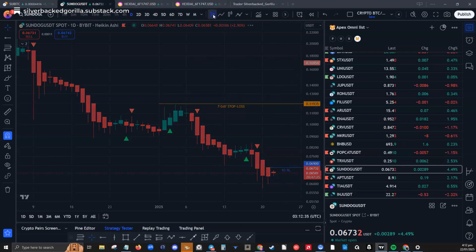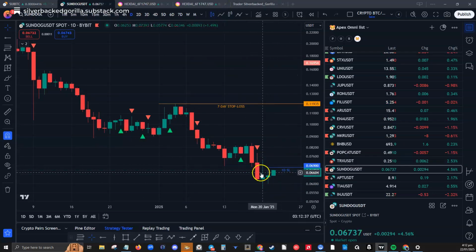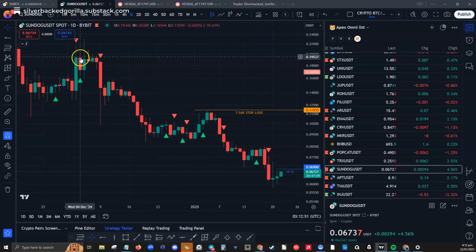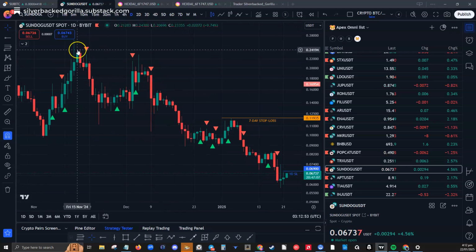Let's have a look at the daily candles. Bearish. Neutral. Bullish. Very close to the stop loss. You got lower lows. Lower low, lower low, lower low, lower low.